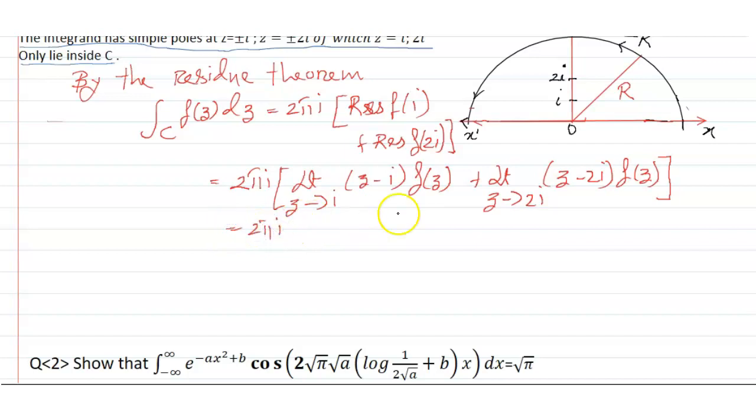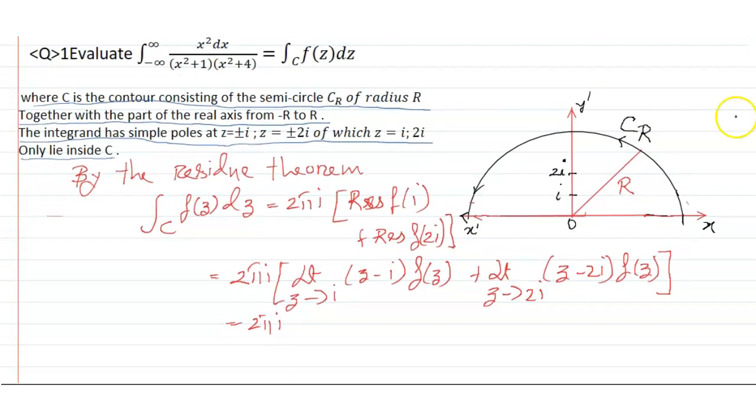My function is f(z) equals z squared divided by (z squared plus 1)(z squared plus 4).